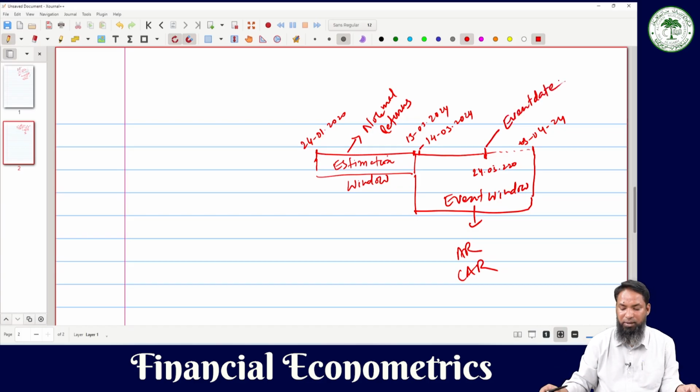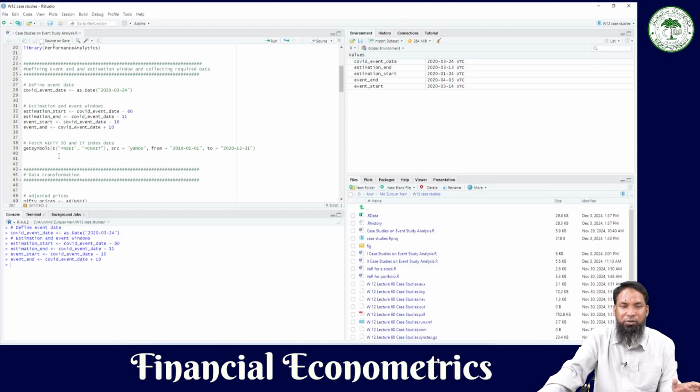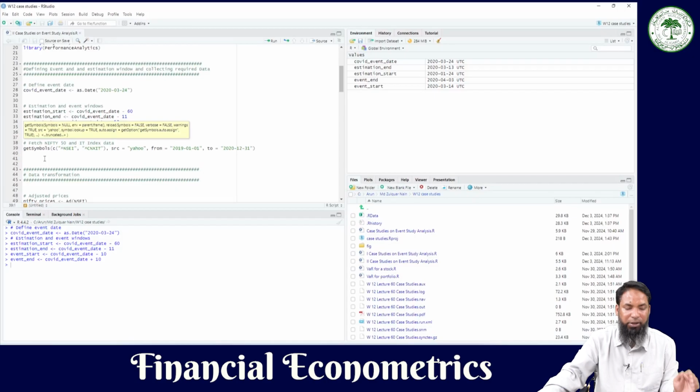Now let us calculate the abnormal return and the cumulative abnormal return. First we'll calculate the normal returns, then we'll take the difference, then we'll perform the significance test. Once we have defined those, we are downloading the data.